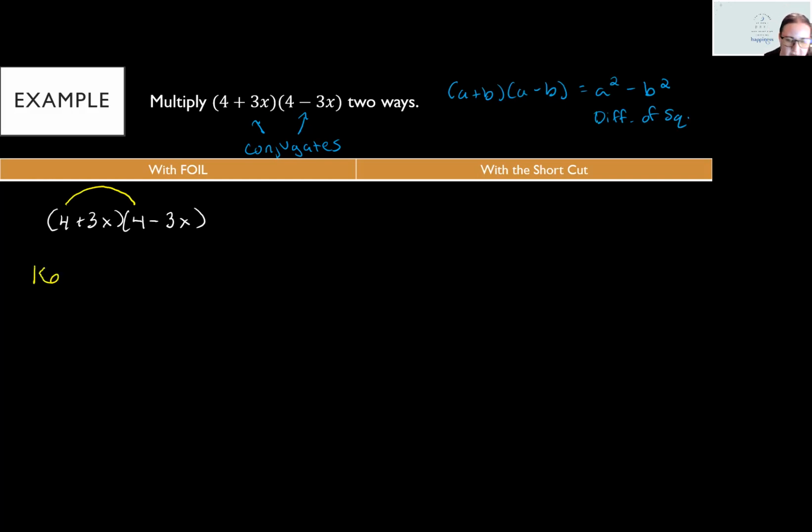That gives you 16. You can multiply these in your head. So that's the first term. Then you do the outside. That's the 4 times negative 3x. So you do 4 times negative 3, and that gives you a negative 12, and then you have an x.